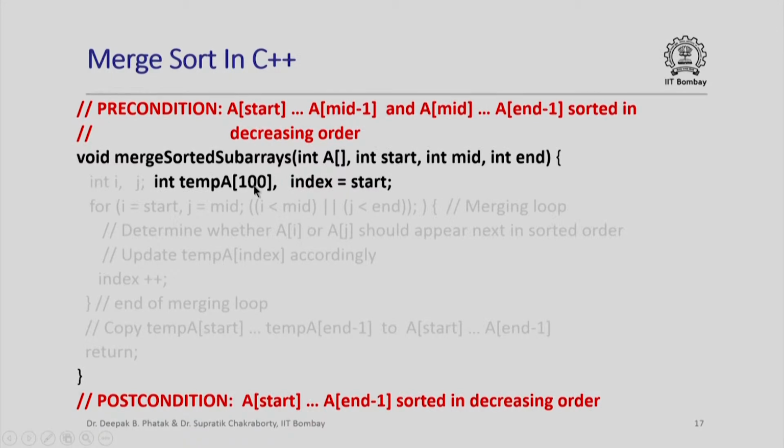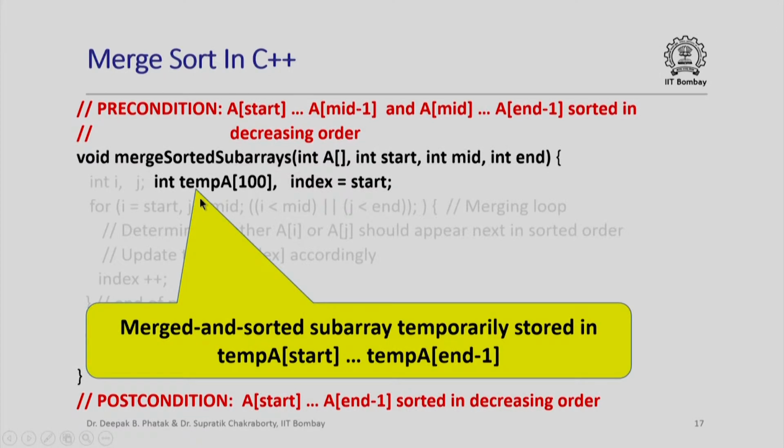In our case, the size was 100, and I am also going to use an integer variable called index, which is initialized to start. This temp A array is where the merged and sorted subarray is going to be temporarily stored, and later on we will copy the merged and sorted subarray from temp A back to A.